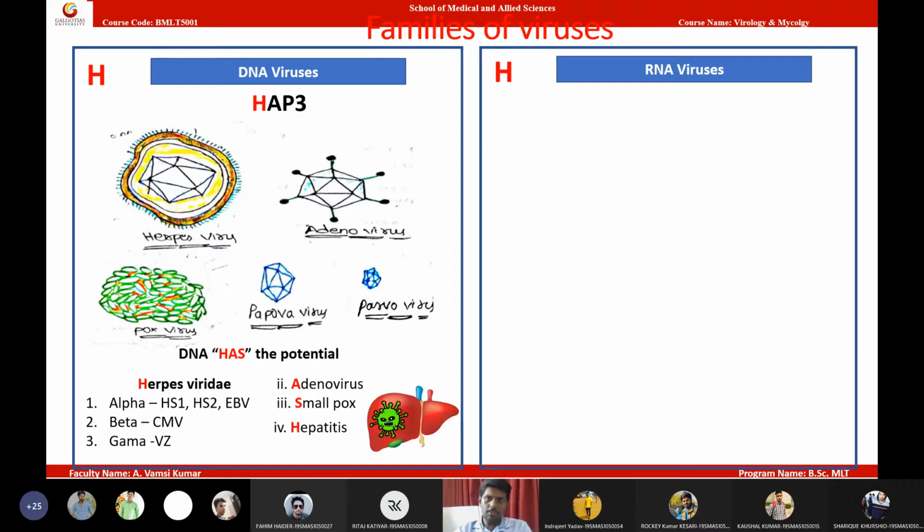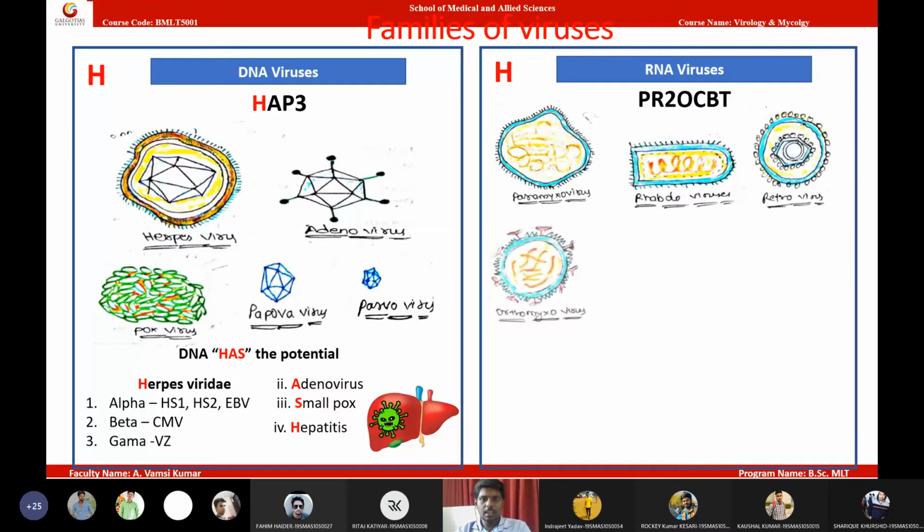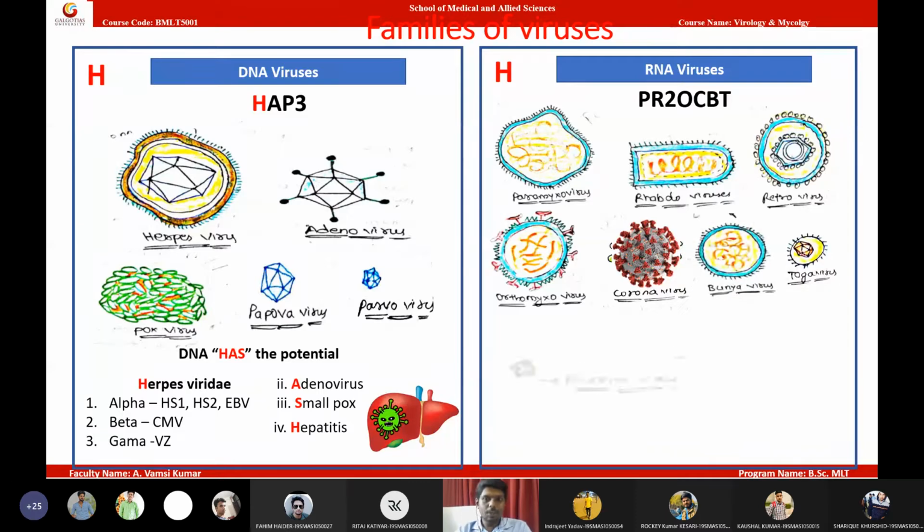Then coming to the RNA viral families, here we have PROCBT. PROCBT includes paramyxoviruses, rhabdoviruses, retroviruses, orthomyxoviruses, coronaviruses, the recent pandemic celebrity, then bunyaviruses, togaviruses, flaviviruses, and picornaviruses. Then the species of RNA viruses; the mnemonic for species is P square MMR cube and IH.